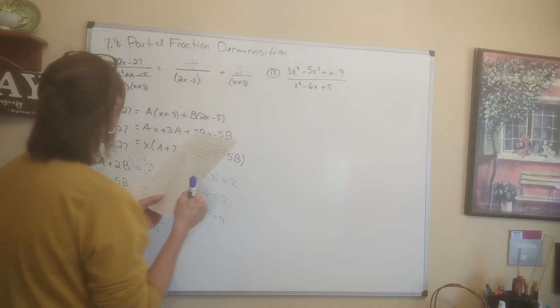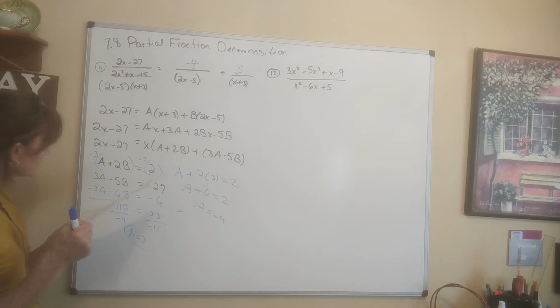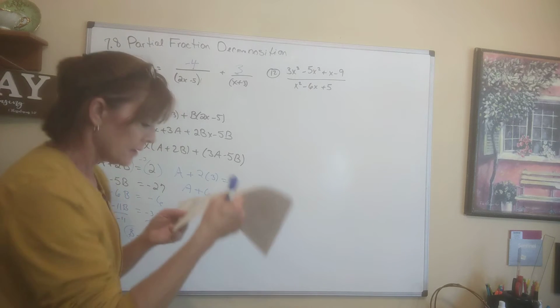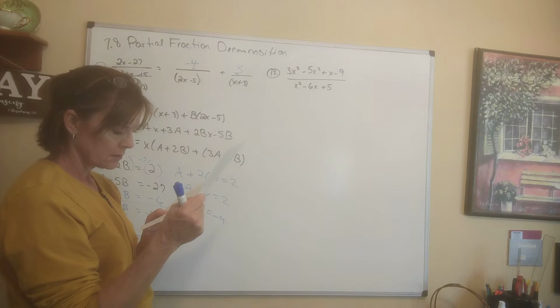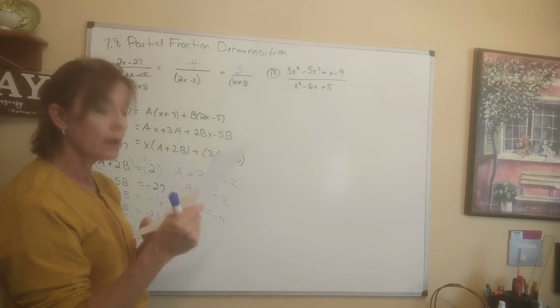I said a plus 2b is 2. 3a minus 5b is negative 27. Oh, I did this one wrong. That other one was not right. Is that right? Yeah, that should be 6a. Yeah. I feel good about this one.